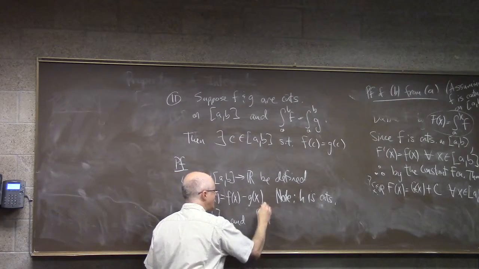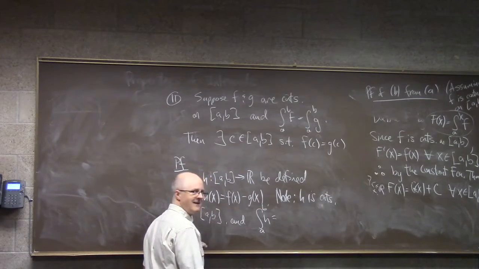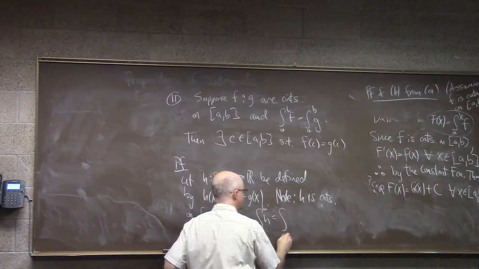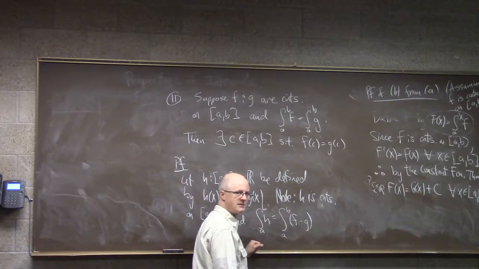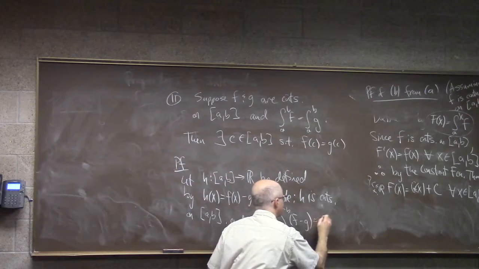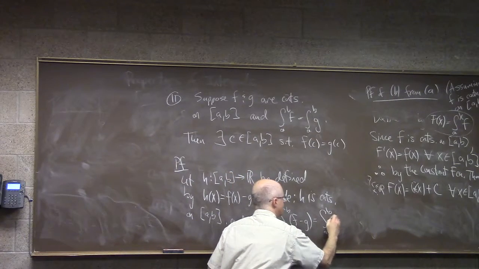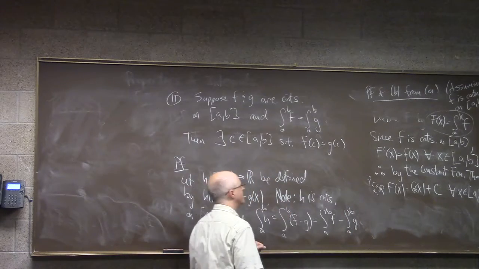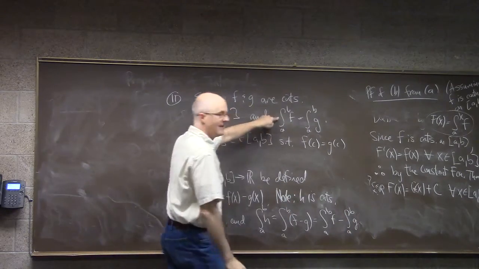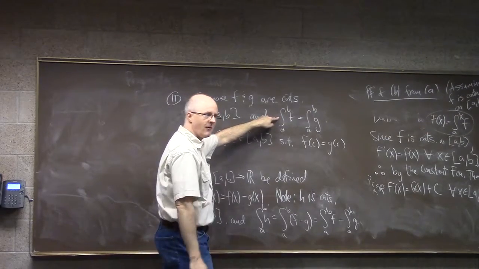What's the integral of h? h is f minus g. And yeah, by a linearity property, one of the properties we talked about, which is what I think you were thinking of, the integral of f minus g equals the integral of f minus the integral of g. But by assumption, that must be 0.